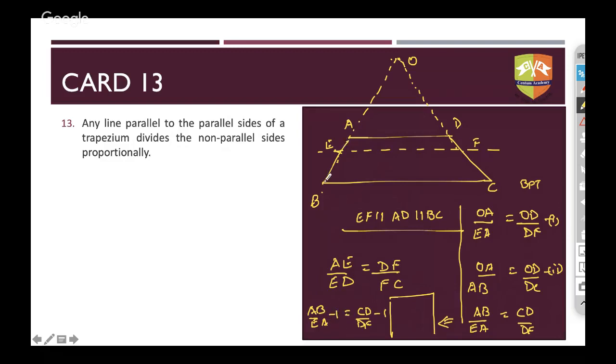Now AB minus EA is BE. So you'll get on the left hand side BE upon EA, and on the right side, CD minus DF is CF, so CF upon DF. So if you see, friends, this is nothing but the reciprocal of that, right? So hence you proved this as well.